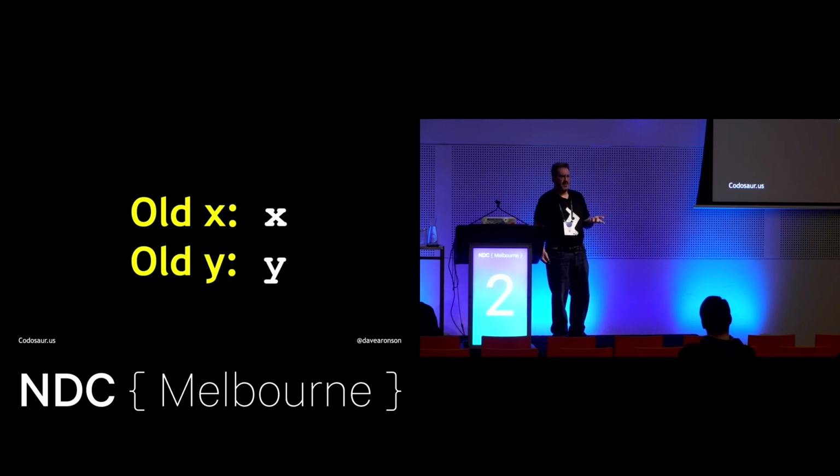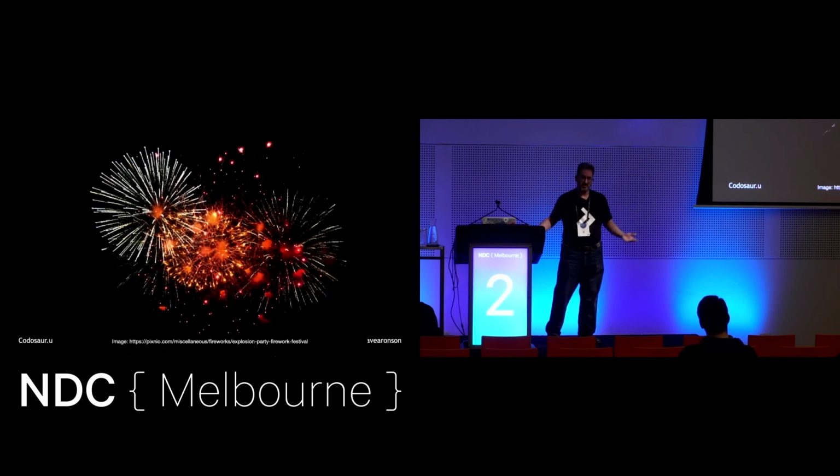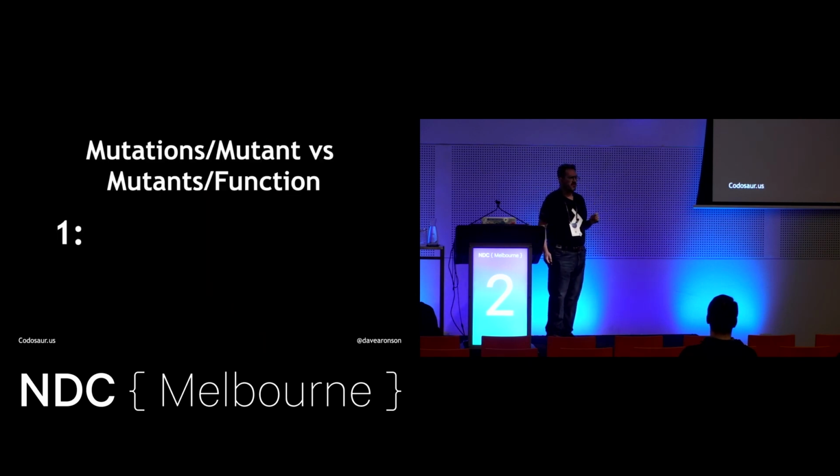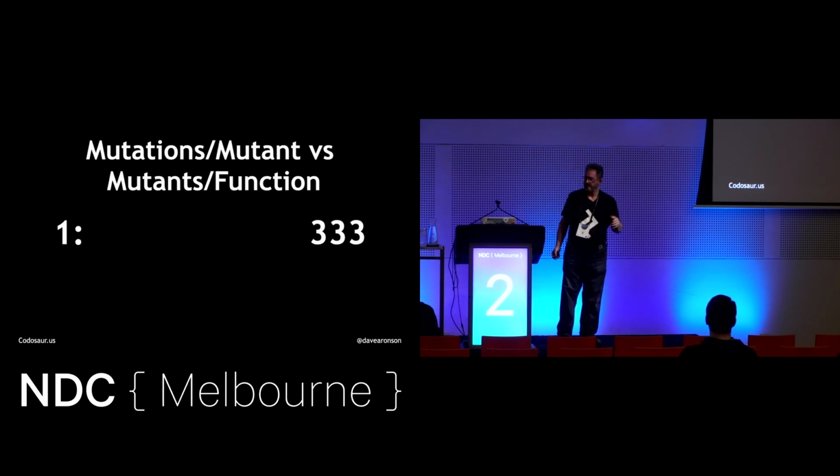And lastly, allowing multiple mutations would create a combinatorial explosion of mutants, with the tool making orders of magnitude more mutants per function. I'll spare you the math, but with our previous assumptions, including weeding the mutants down to about 1/3 at each step, with one mutation per mutant, we'd have about 333 mutants per function, and 1/3, but I'm rounding.